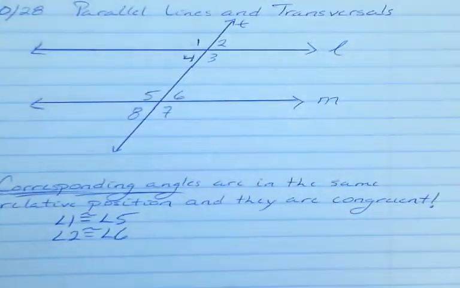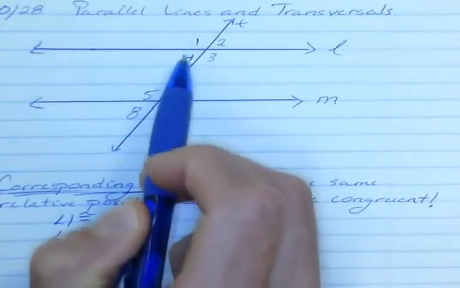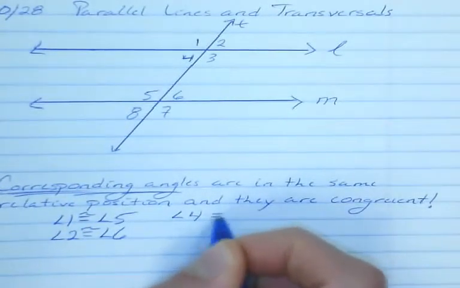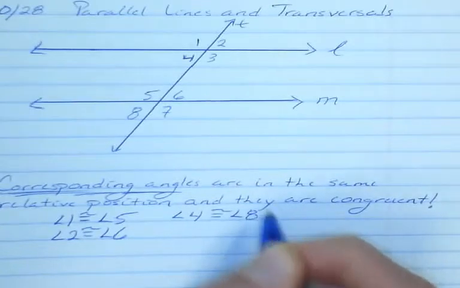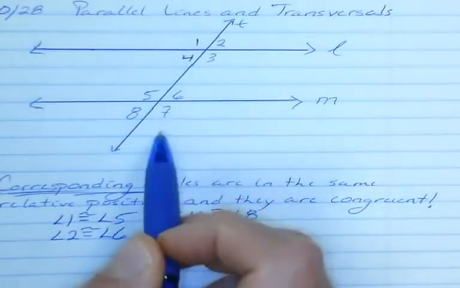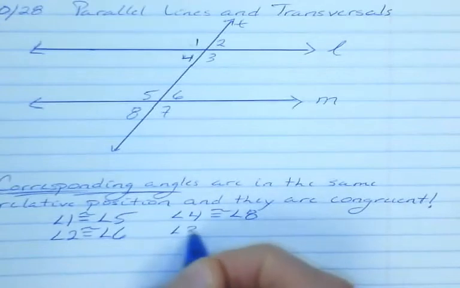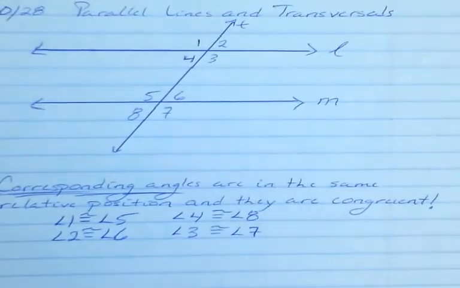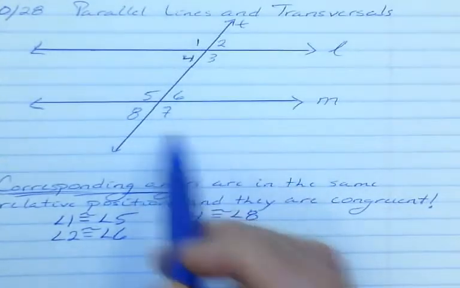Then I have 2 more pairs: angle 4 to 8, so angle 4 is congruent to angle 8, and angle 3 and angle 7. These pairs are equal. So corresponding angles, same relative position.